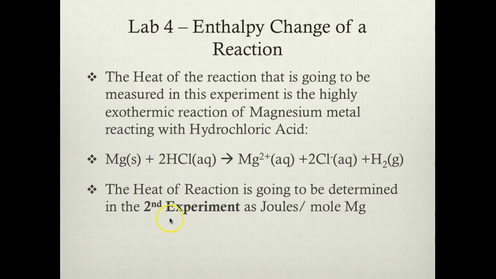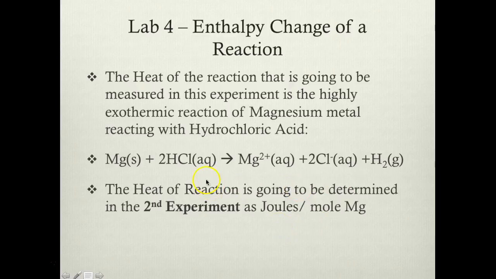So that heat of the reaction itself is calculated in the second set of experiments, and that is expressed in the units of joules. Joules is the unit for energy, especially heat energy, per mole of magnesium.